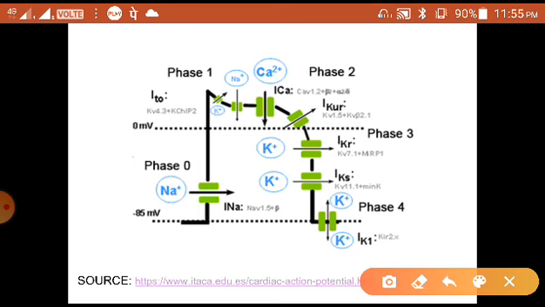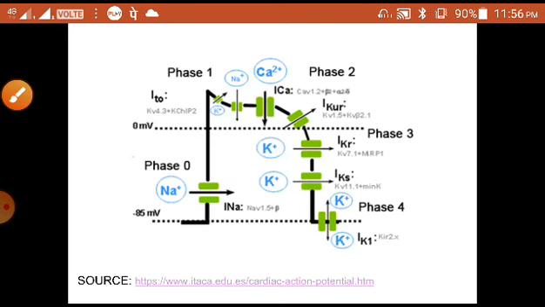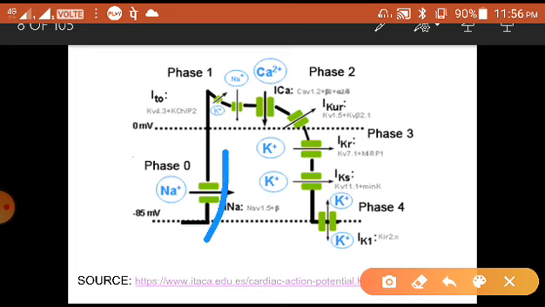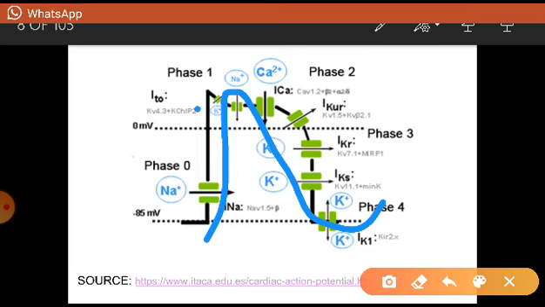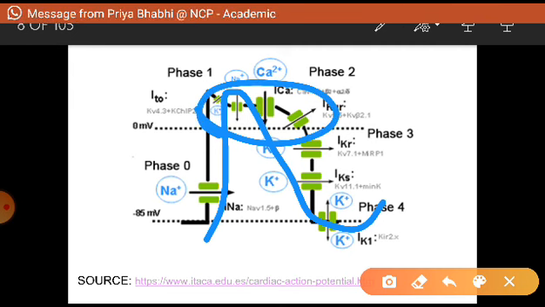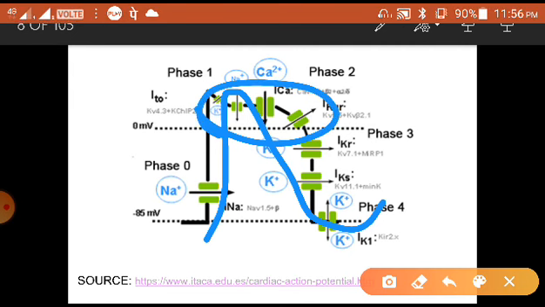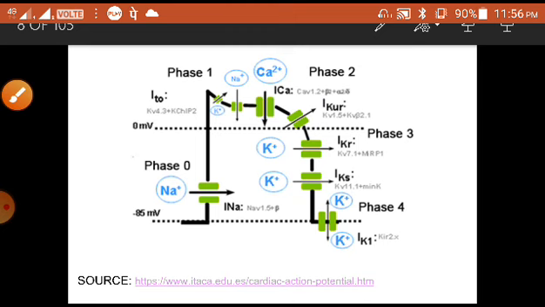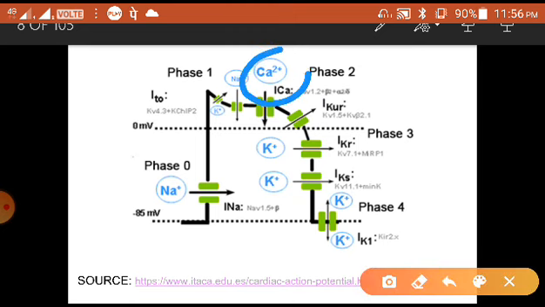You can see the nerve action potential, it goes up like this and comes down like this. But here in the cardiac action potential, you can find a little broader region, right? This broader region is happening because the calcium channels open.